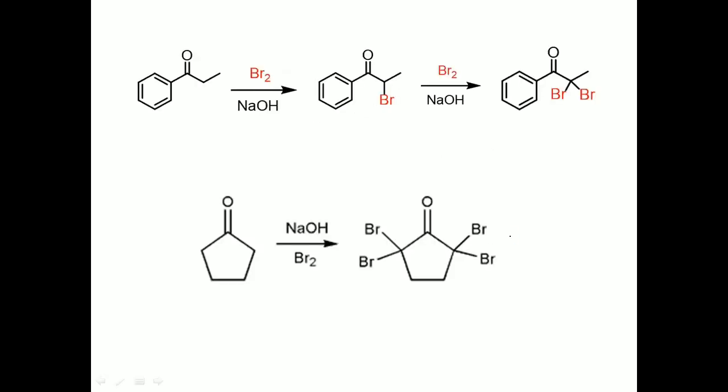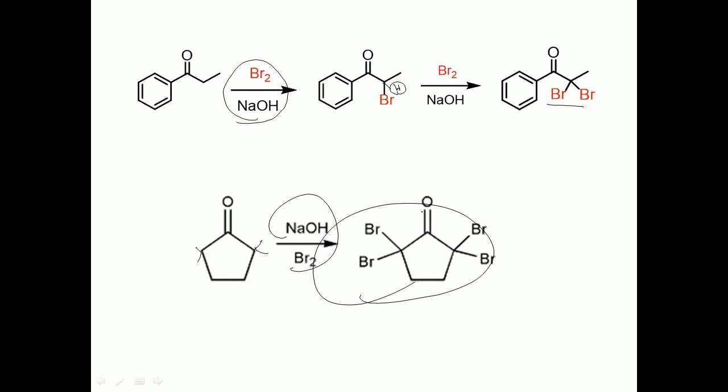Okay. And next here. In the presence of basic medium, all two alpha hydrogens, because this hydrogen is a far more acidic, active hydrogen. So again in basic medium, all alpha hydrogens can be replaced by the bromine. So this compound also, by adding excess of the bromine, these two alpha hydrogens can be replaced by the bromine.